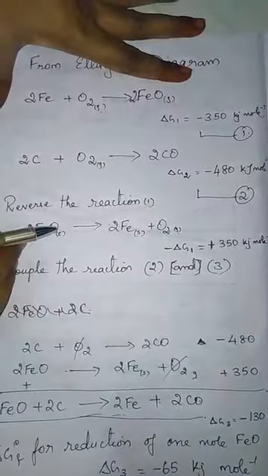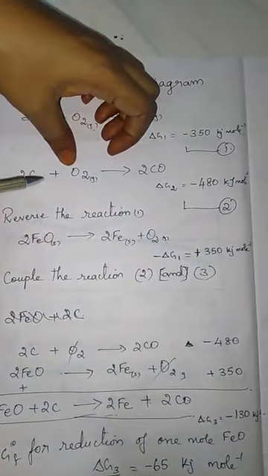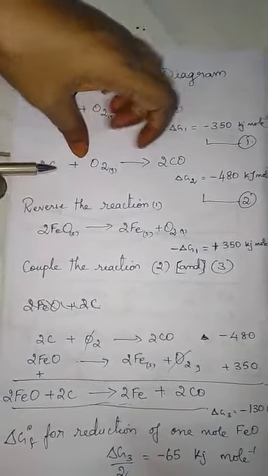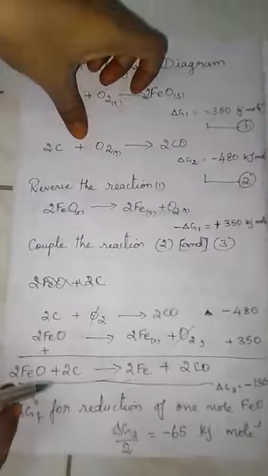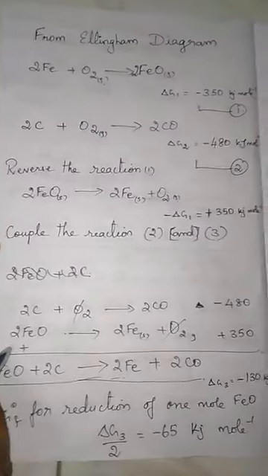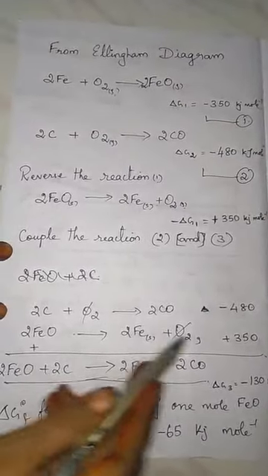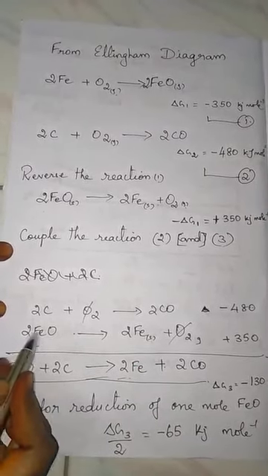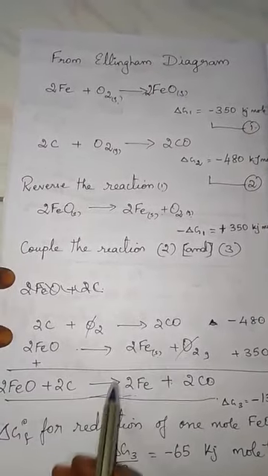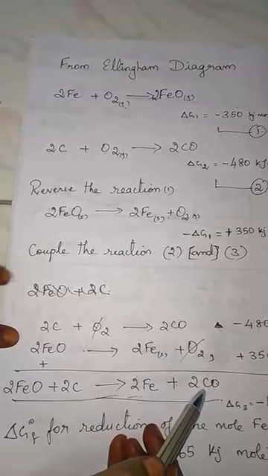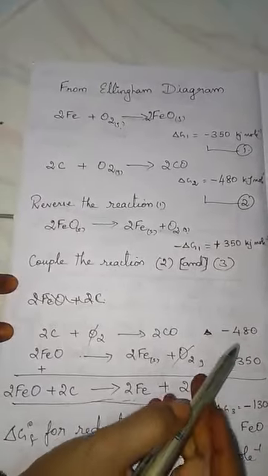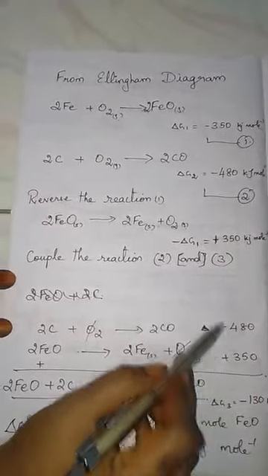So couple reactions 2 and 3. Add the reverse reaction and the second reaction. See, listen, here I have added both, the oxygen cancels, and FeO plus carbon gives 2Fe and carbon monoxide. And you add the delta G values also.